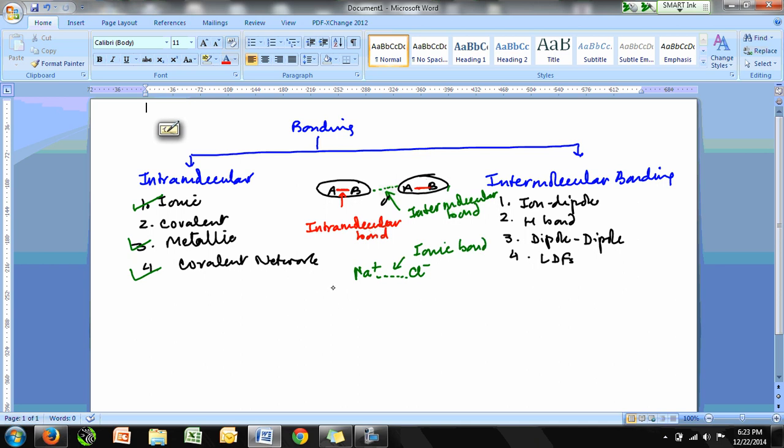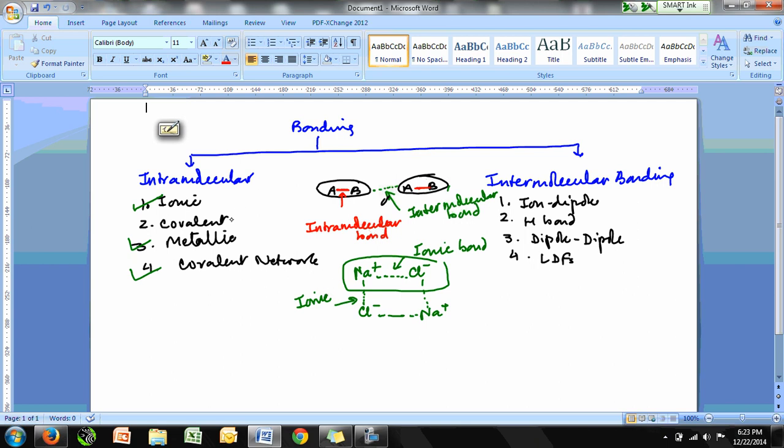So if you think of sodium as an ion, chloride as an ion, and sodium chloride as a formula unit, we'll call this bond an intramolecular bond, or intra-ionic bond. Now if you think of another formula unit of sodium and chloride, there's an attraction between them as an ionic bond, but there's also attraction between this sodium and chloride and that sodium and chloride, which is also ionic. And this you can think of as a sort of intermolecular bond.